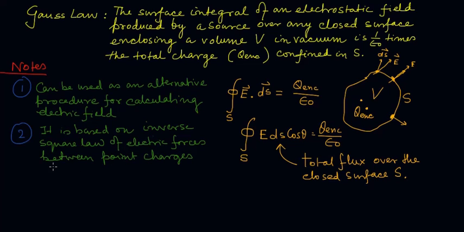So that is Coulomb's law. The thing is, you can deduce Coulomb's law from Gauss law. That is also a method. I shall do this. And there is another important point.